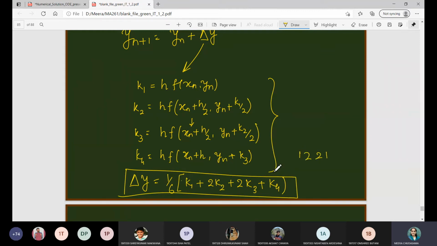Remember, 1, 2, 2, 1. These are the coefficients of the ki's.